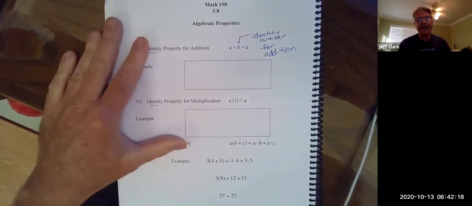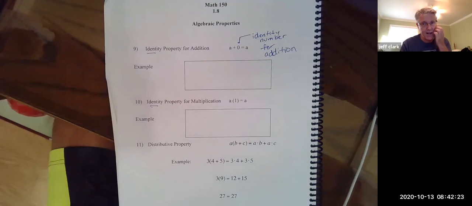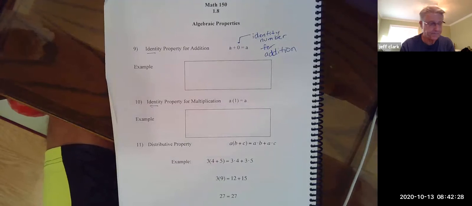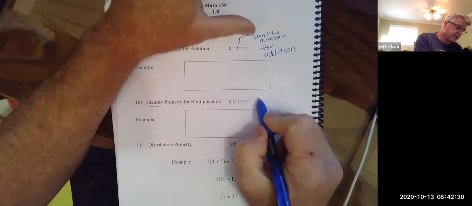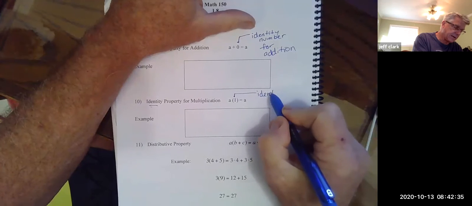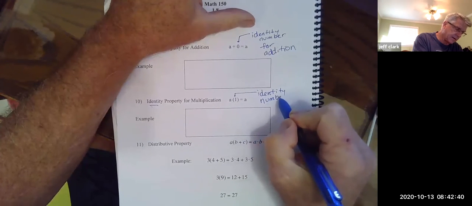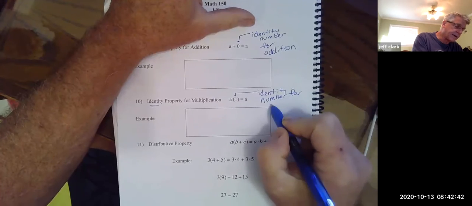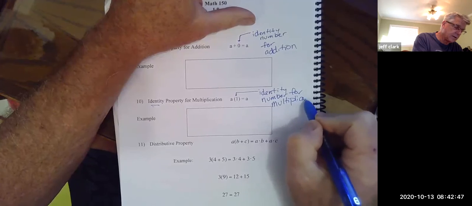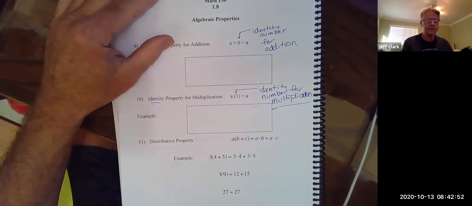That means if you add 0 to anything, you don't change it. 0 doesn't change it when you add. 1 doesn't change it if you multiply. So for multiplication, squeeze that number in. The identity number for multiplication.